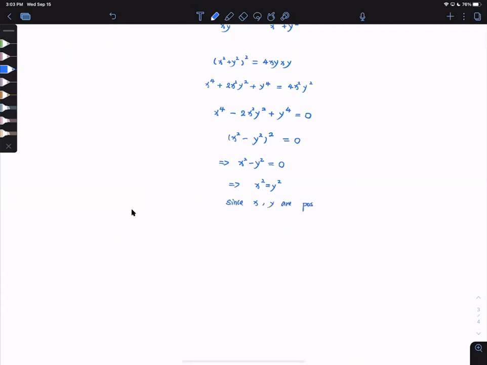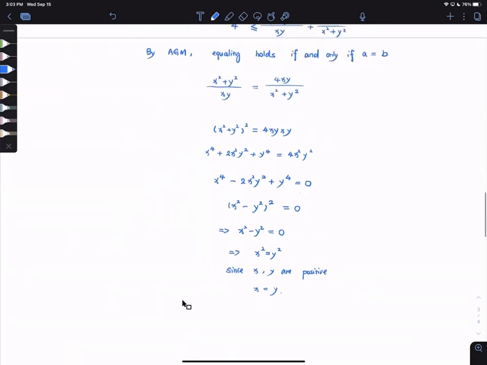That means they must be equal. Okay, so now we show that equality holds if and only if x equals y. Now you can put a square here to show that my proof is done.